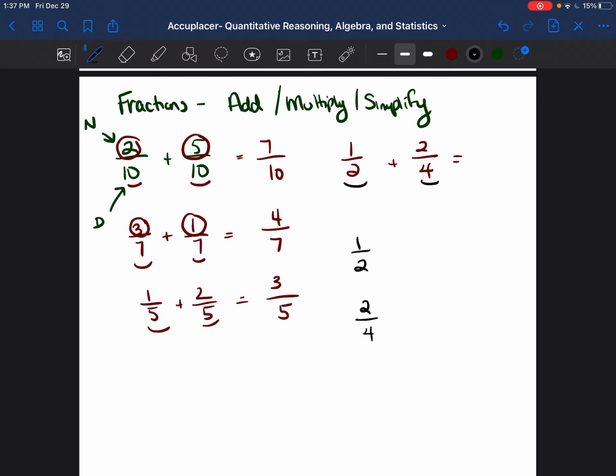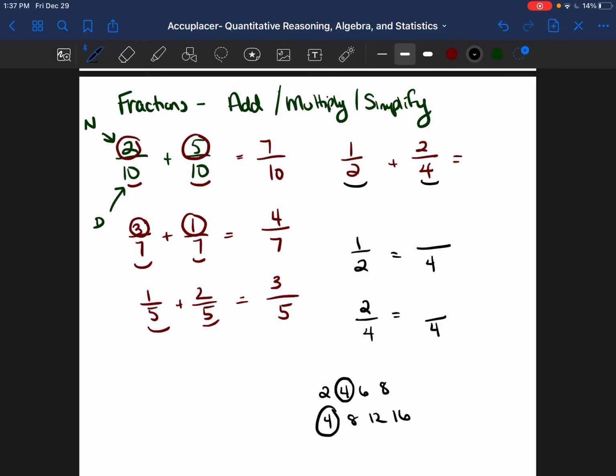You have to choose a denominator that you can easily change both of them to. So if you count by 2s, 2, 4, 6, 8, and you count by 4, 4, 8, 12, 16, look in both of those lists and see what is the number that is common that's the least. So it would be 4. That is going to be the new denominator.